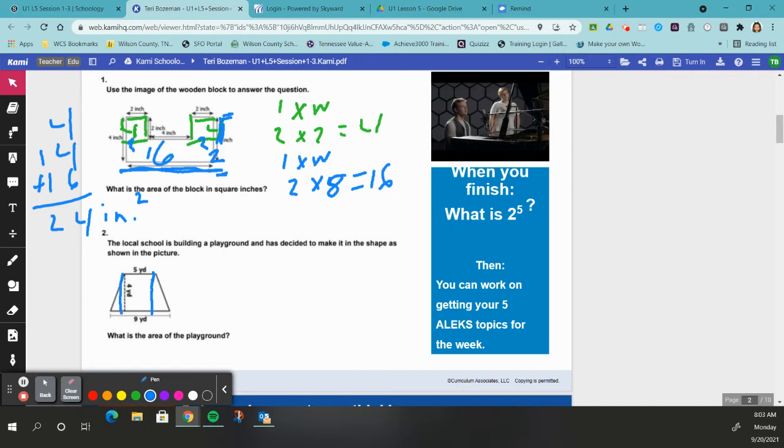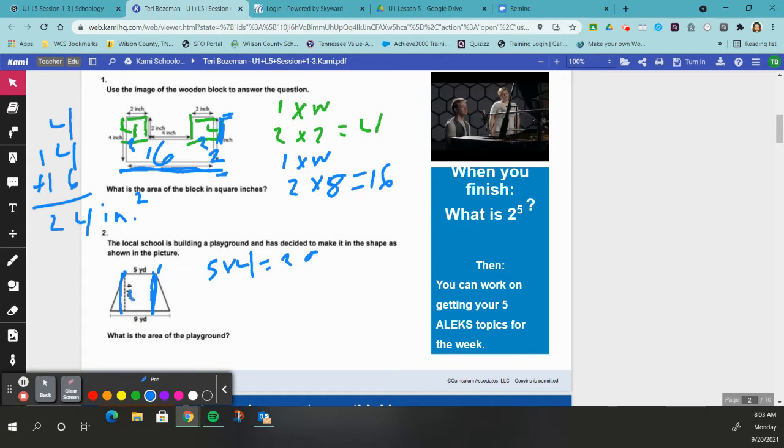So we know that from here to here, we have 5, and we know that this length here is 4. That is a rectangle, so we would do 5 times 4 for length times width, and that would equal 20.